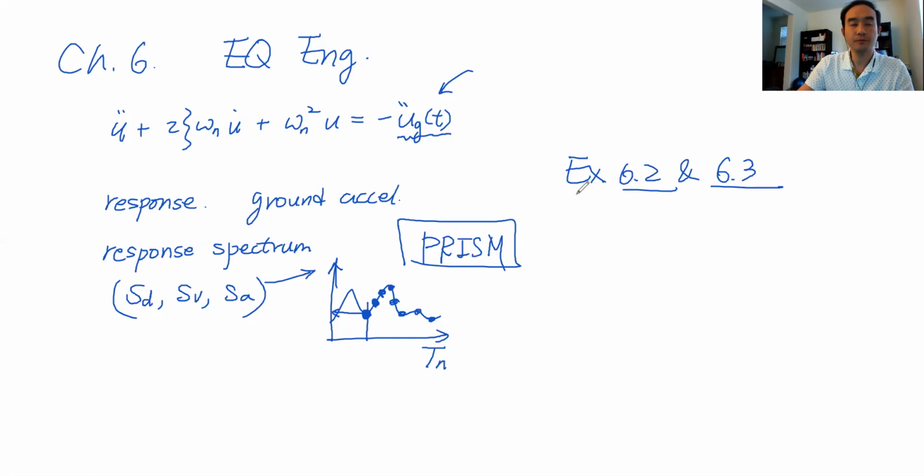In 6.2, I showed you how we use this response spectrum, and in that problem, we have a combined version of the response spectrum. So in one chart, all 3 values can be read.